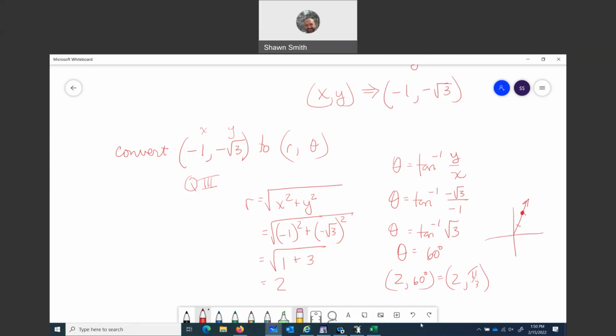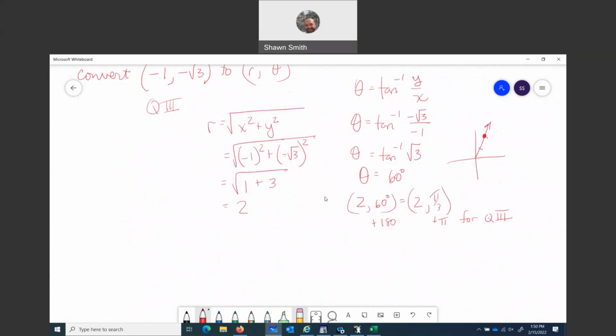Right, so that's not our original xy. Our xy is 180 degrees from there. So I needed to adjust this by adding 180 or pi for quadrant 3. So that's why it's really important always to plot these to make sure that they all agree.